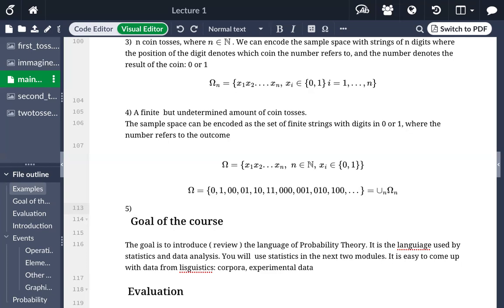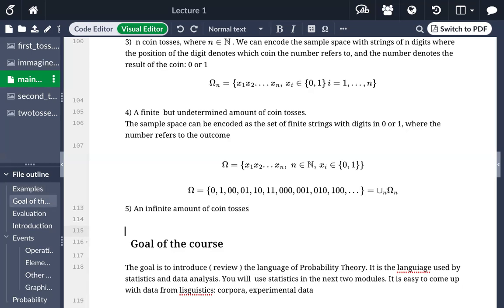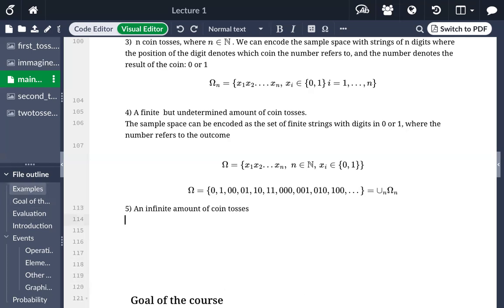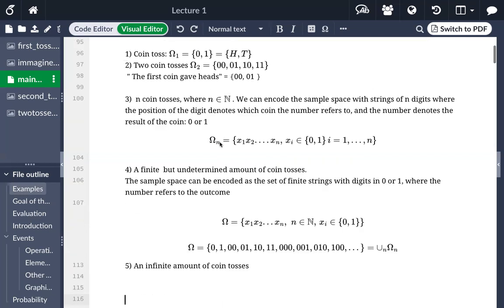And the following example is an infinite amount of coin tosses. This is quite a different example in nature. The other examples are all very similar.